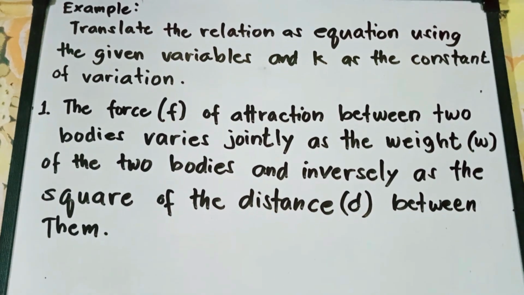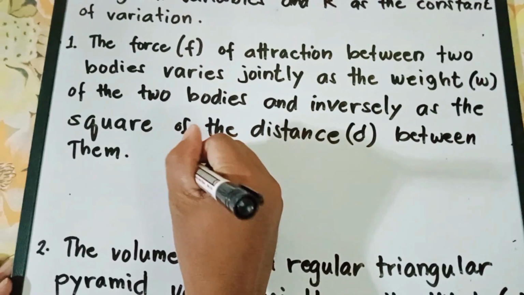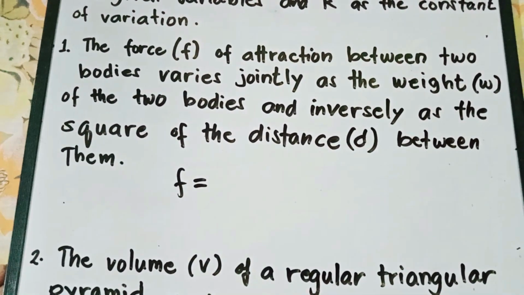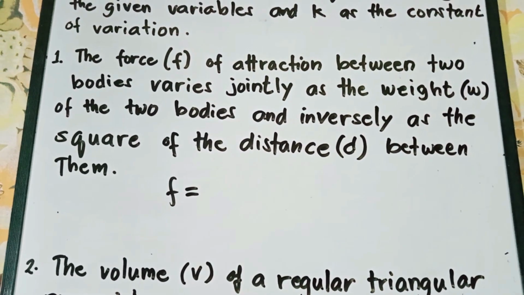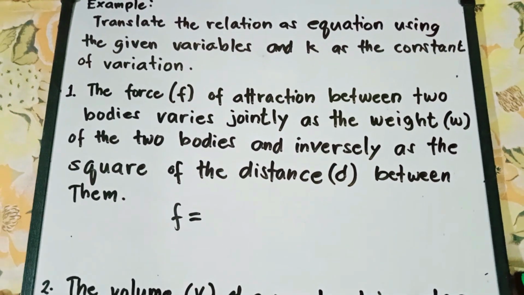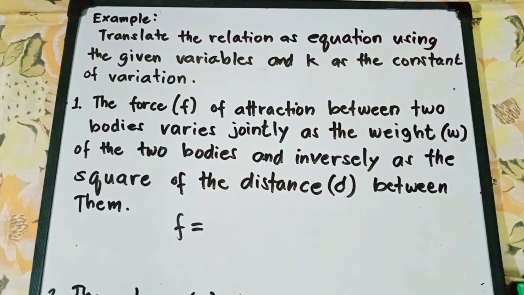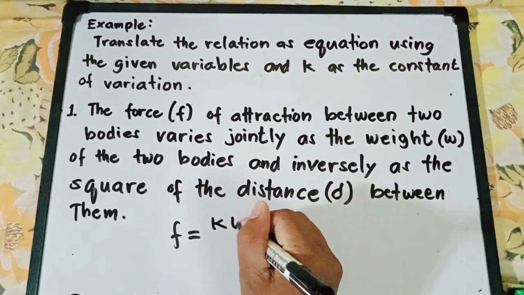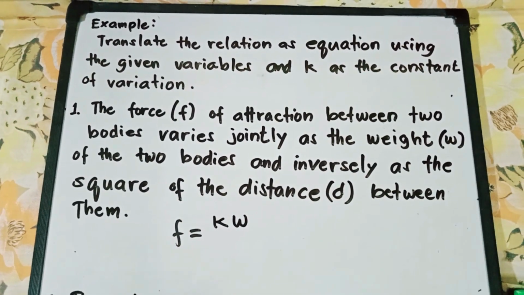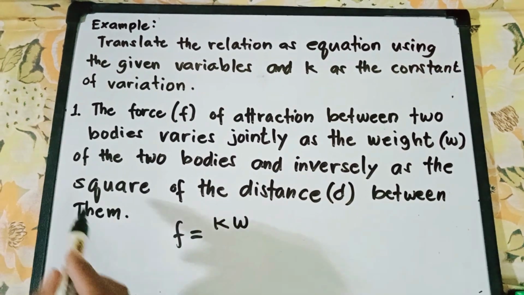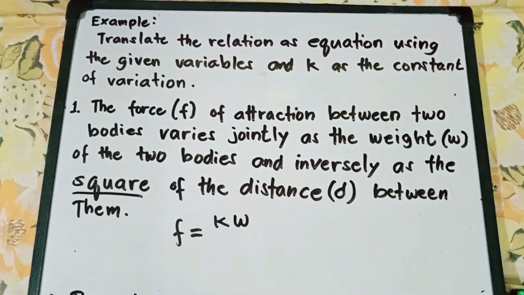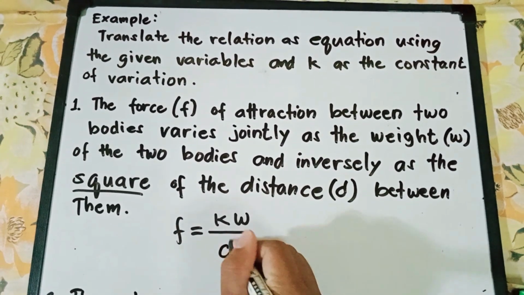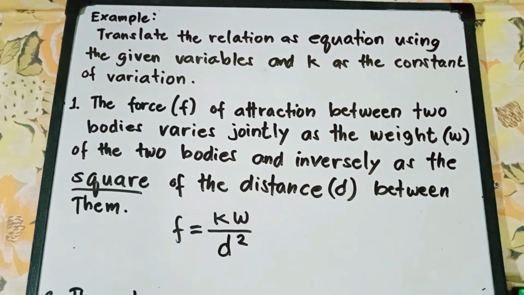So we have F equals, varies jointly as weight W of the two bodies, so F equals kW, and inversely as the square of the distance between them, so we have over the square.